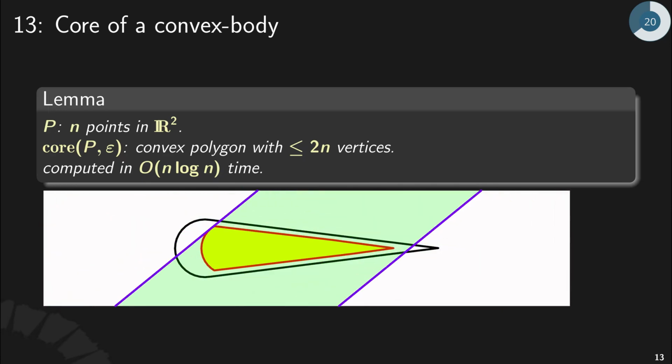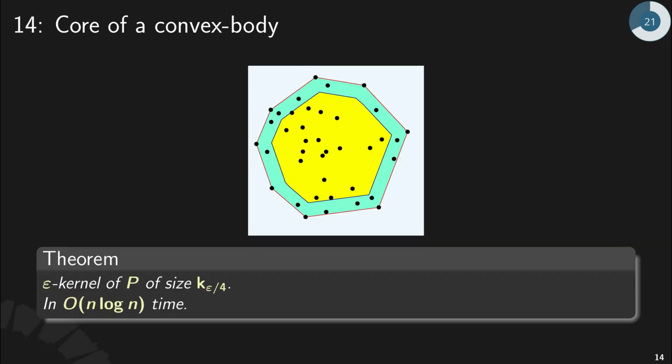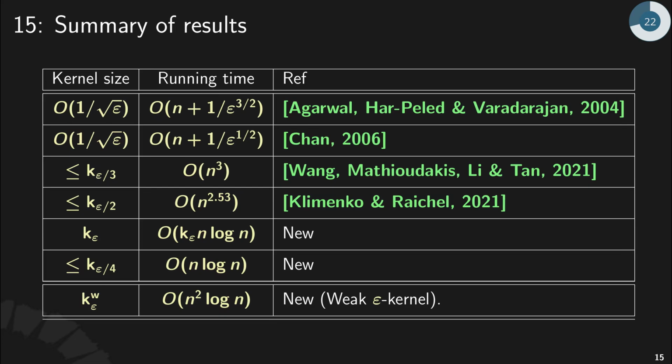In particular, if you compute the core, which we can do in log n time, then you can now play the catch the polygon game with it. And it turns out that if you do that in log n time, you get a kernel with parameter epsilon over 4. So it's not the optimal kernel, but the running time is very good. There's no dependency on the size of the kernel, which makes us happy.